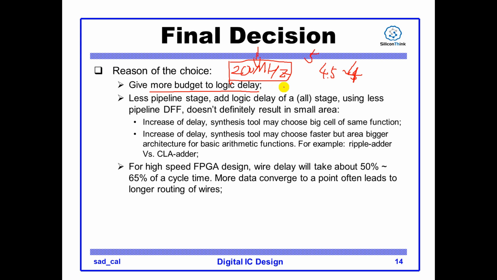If you finally find that your design can't run at 200 MHz at synthesis, it is sometimes a little late. You have to go back to re-architect, recode, and verify your design. This is time consuming, so at the architecture stage you have to give more budget to the logic delay.